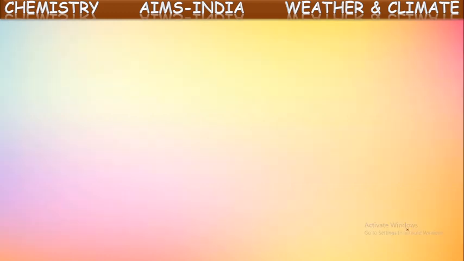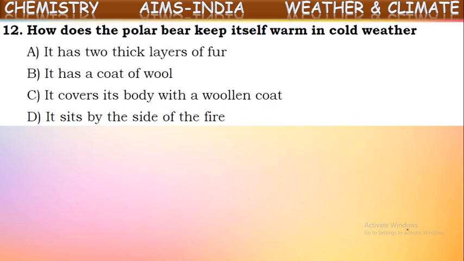Okay, next one. The question is given here. How does the polar bear keep itself warm in cold weather? How will it survive in these polar regions even though the temperature is very low? As we told, they have special adaptations to survive in this climatic condition. What are they?